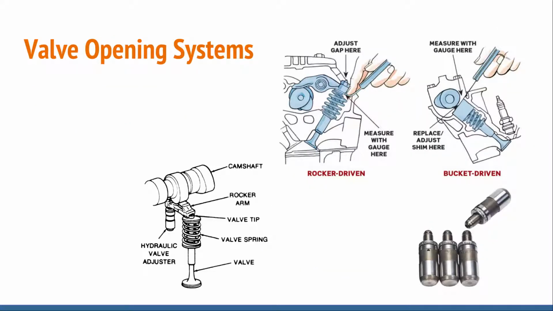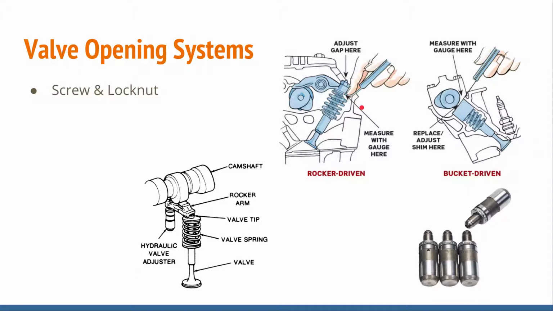We're going to talk about the actual valve opening systems. First one here is a screw and lock nut. You can see right here that's an actual screw head or a nut basically. There is a threaded rod right here, and that's going to adjust our gap right here.